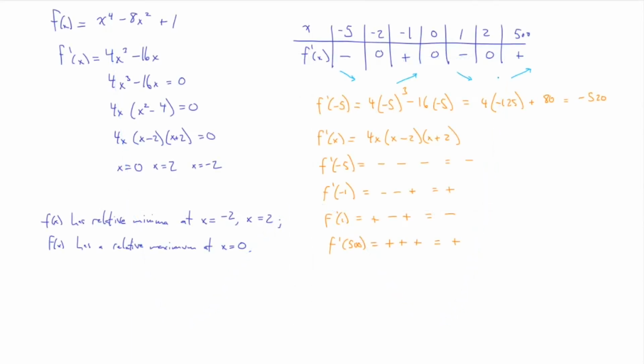Just one quick word of caution: this clever trick that we're using here, where we compute whether the derivative is positive or negative just by plugging the value into the factors of the derivative, only works because they're factors of the derivative. They're multiplied by each other. In other words, a negative times a positive is always a negative.